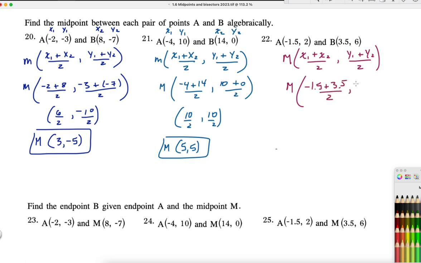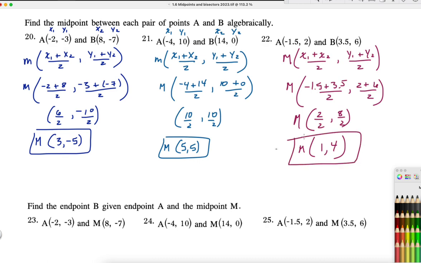My y1's 2 plus 6 over 2. So -1.5 plus 3.5 is 2. So I get 2 over 2 and 8 over 2. I get 1, 4. Is that the midpoint? All right, gotta stretch my hand for a second.